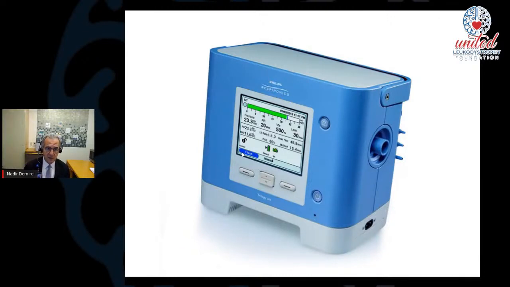I think this is very important because in the past, before these ventilators, you had to set a rate of breaths, and the machine doesn't care if you are taking a breath or not. It just gives breaths regularly, or it gives a certain amount of pressure continuously, which we call CPAP. So these ventilators sense you are starting a breath, and while you take a breath, they give you support. So it's a supportive ventilation.